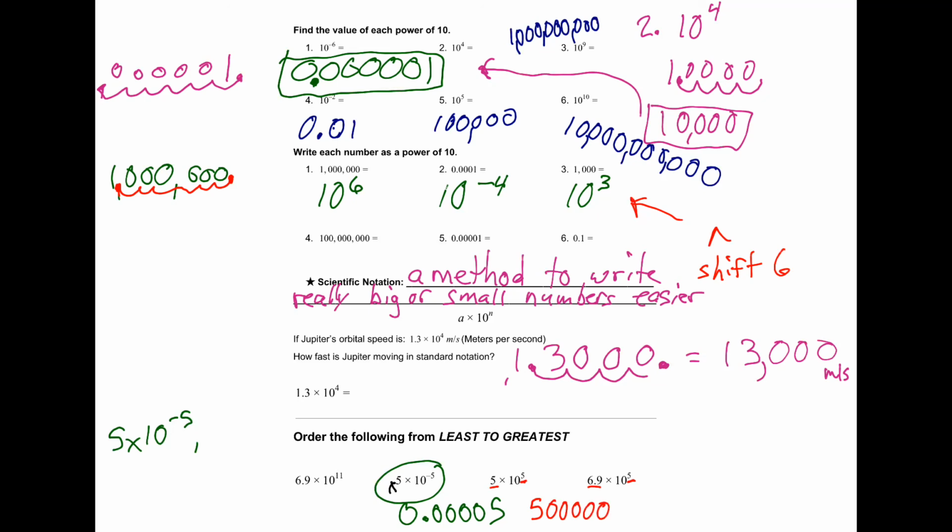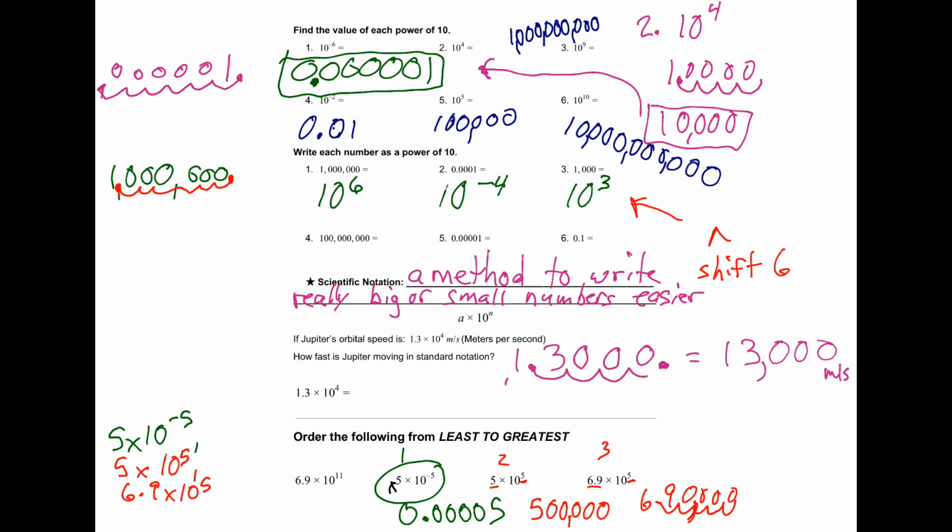And this one's going to be 6.9 and then move that decimal 5 spots, 4, 5. So I have the number 500,000 here, and then I have the number 690,000. So for this one, because the 5 is smaller than 6.9, that's going to be next.